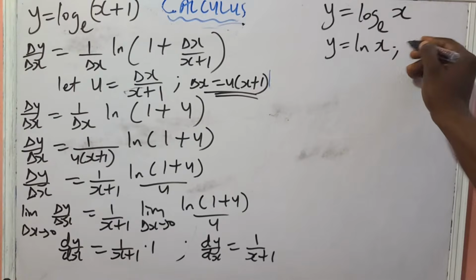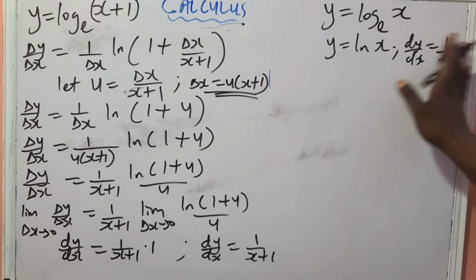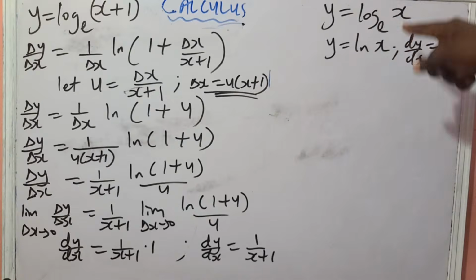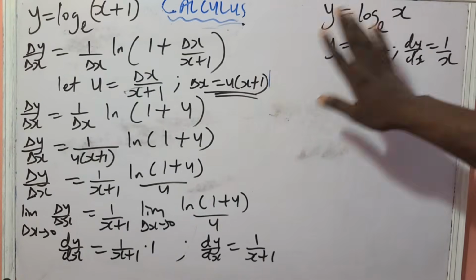If you differentiate this, dy over dx is like an identity you should see in the table: it will be 1 over x. You should know that when you differentiate ln x, you get 1 over x, and you should remember that log base e of x is the same thing as ln x. All right, so this is settled.